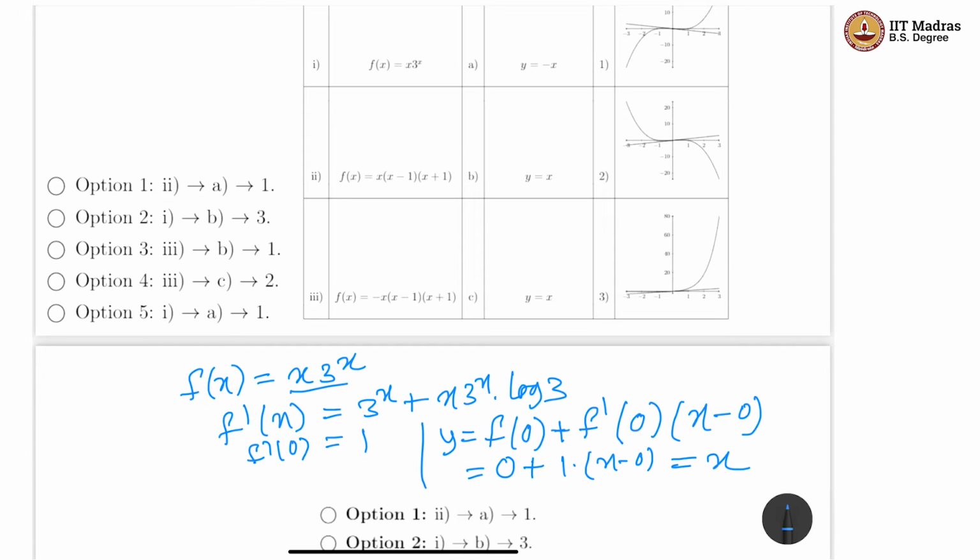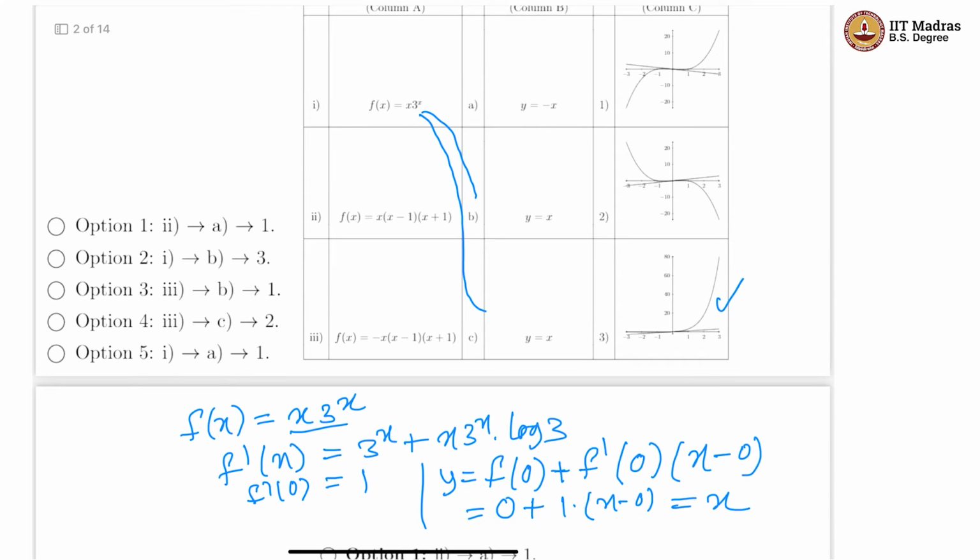So clearly we can match 1 with b, also 1 with c, right? And we know this is the graph of an exponential function, right? Hence we can match 1b and 3, and also 1c and 3. That means the second option is correct.